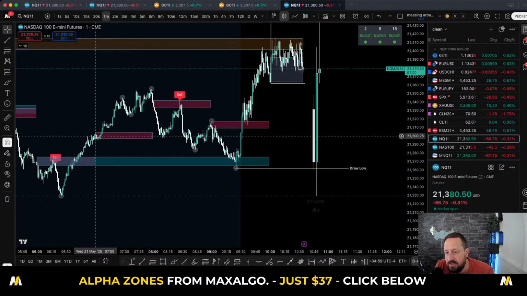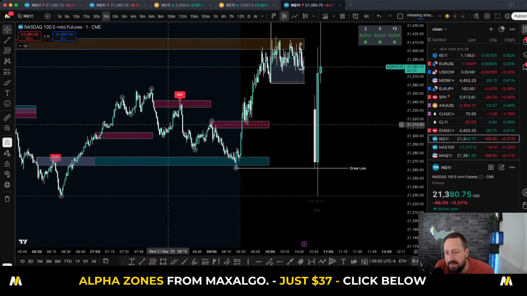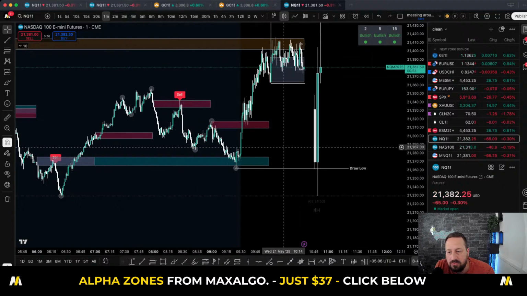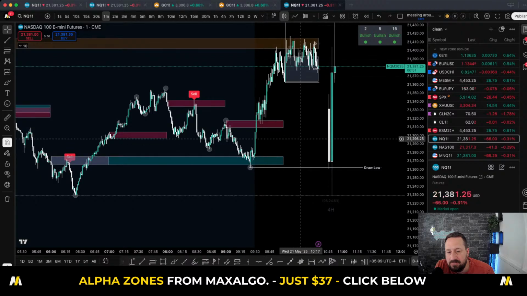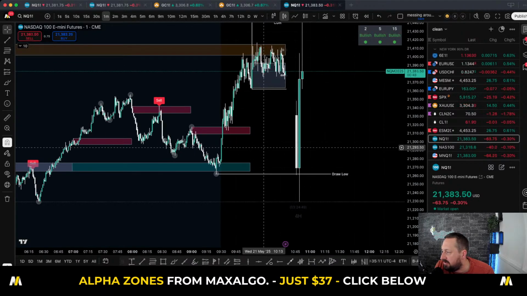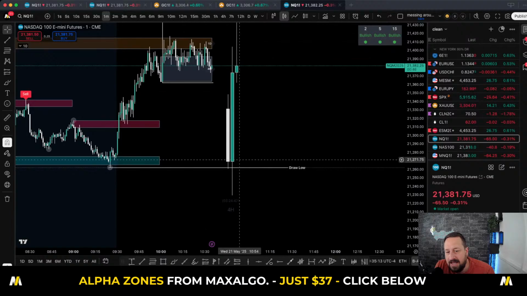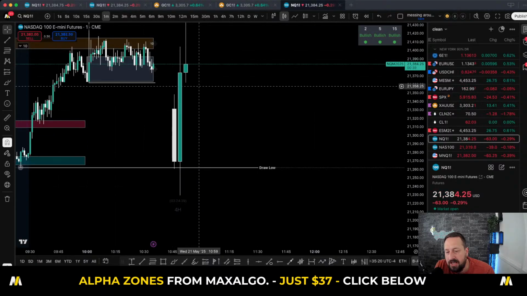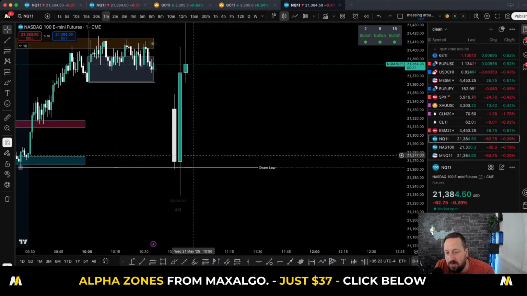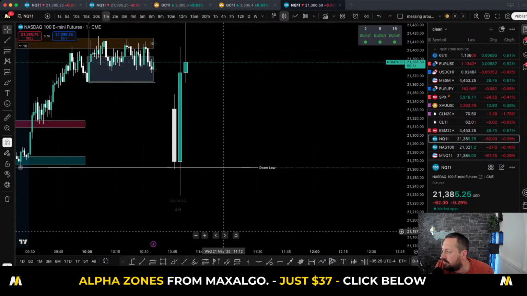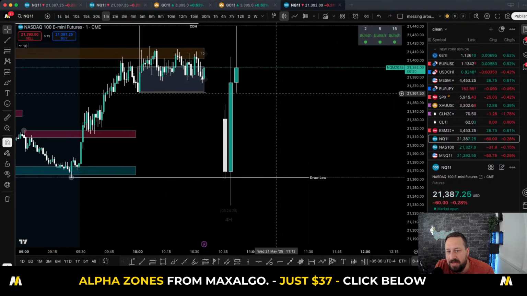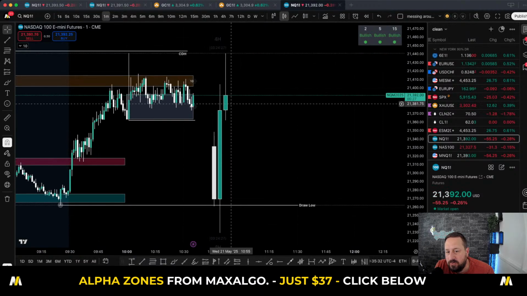So we pushed price out of this level, and now there's still buyers there to push it back out. So it's identifying buying and selling pressure based on the fact that if a candle's going to go bullish, we generally go bearish first, and then we have to flip bullish, and that flip is where you see your alpha zone. So an alpha zone was created on the basis of how a candle forms.